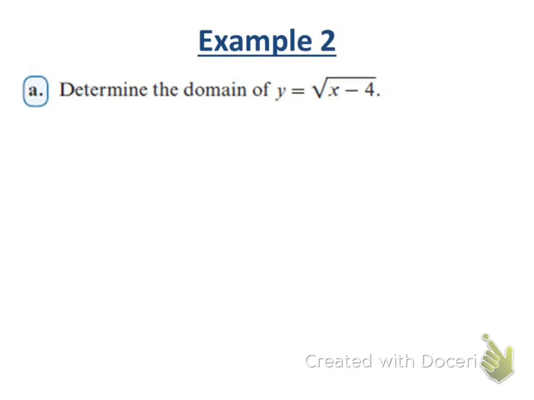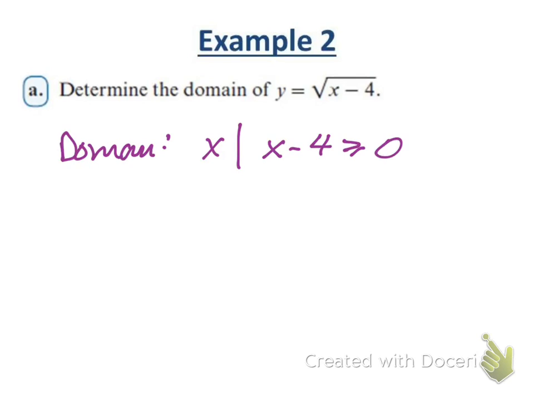Okay? So the radicand, the domain is defined to be the set of all x's, I'm going to throw some notation at you, such that x minus 4 is greater than or equal to 0. Now, if we solve that simple little equation, what do we get?